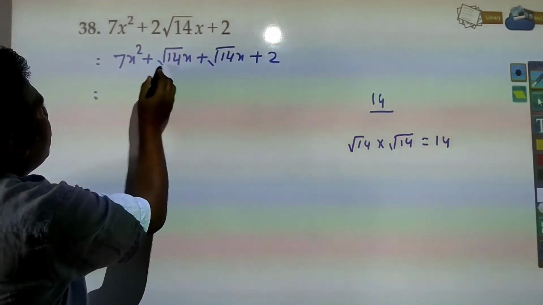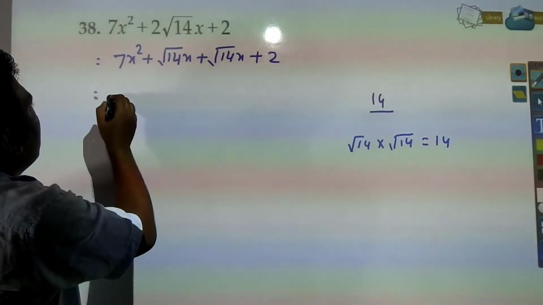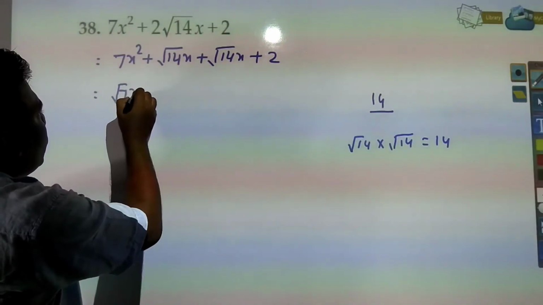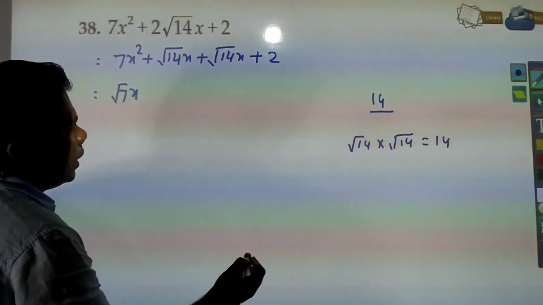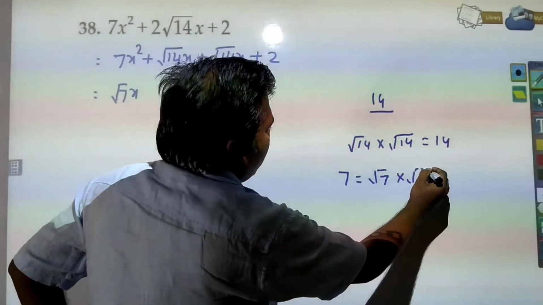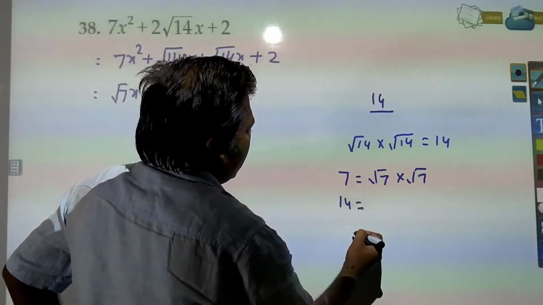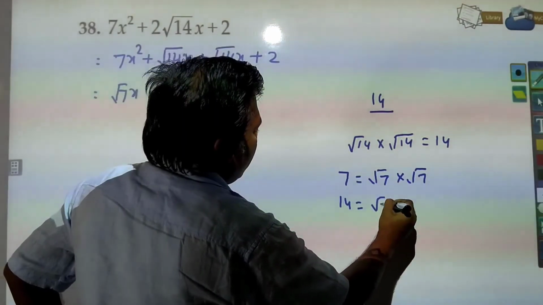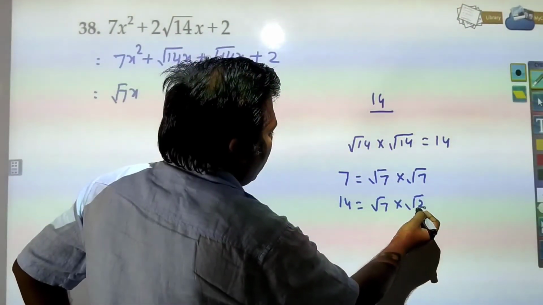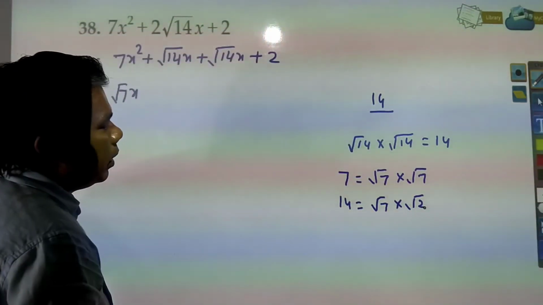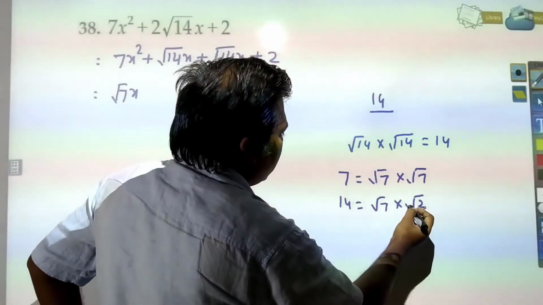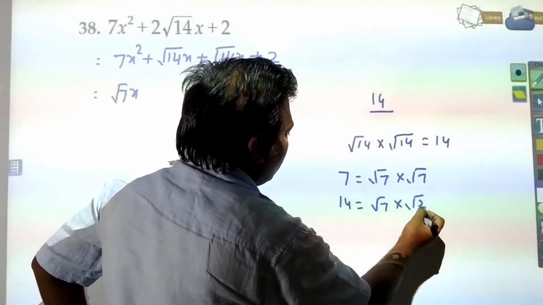and suppose if you are taking out common root 7, then what you will be left with? Root 7x, as I told you, 7 can be written as root 7 into root 7.